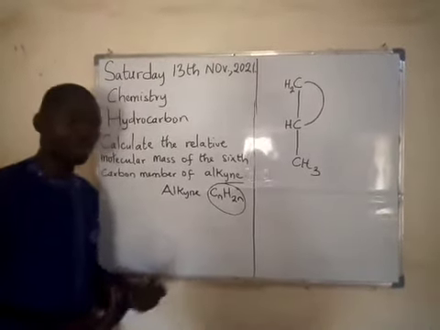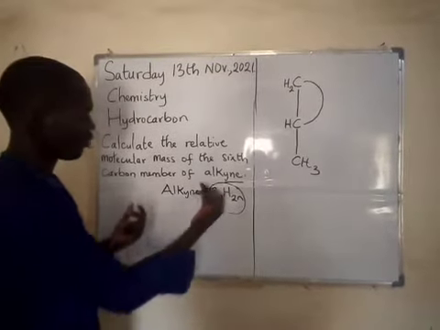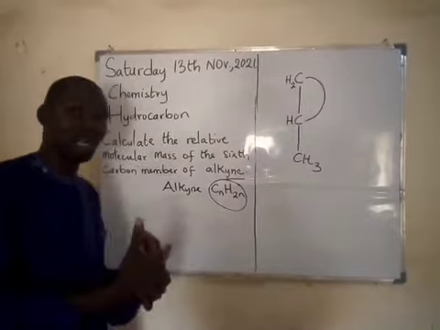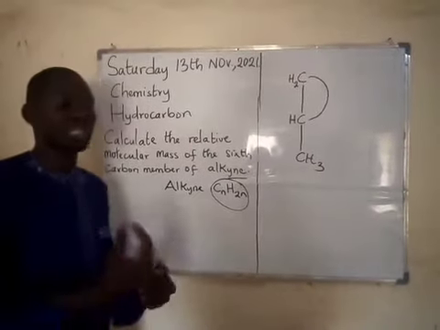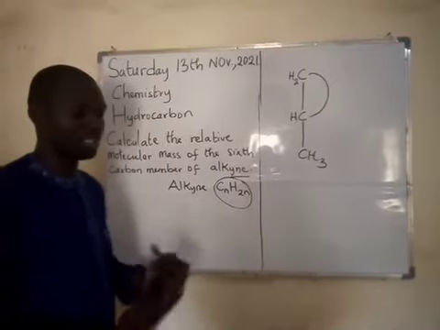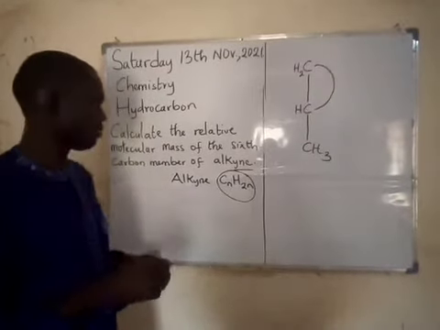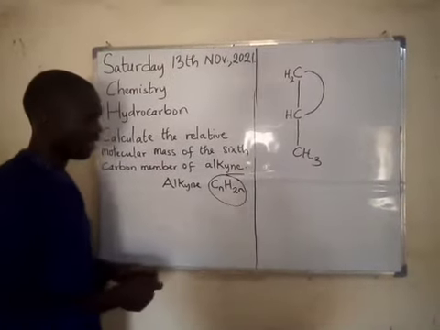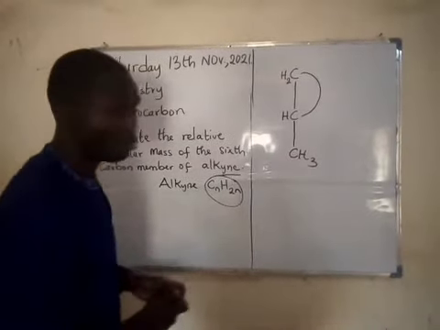That means their first carbon member will start from the second carbon, because they don't have the first family member, which is carbon 1.